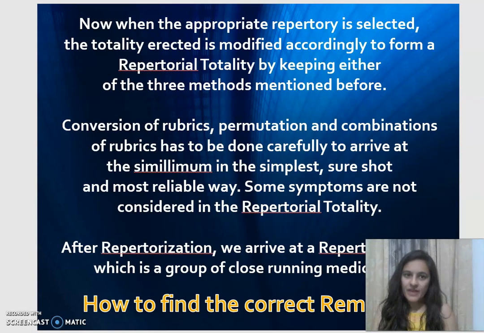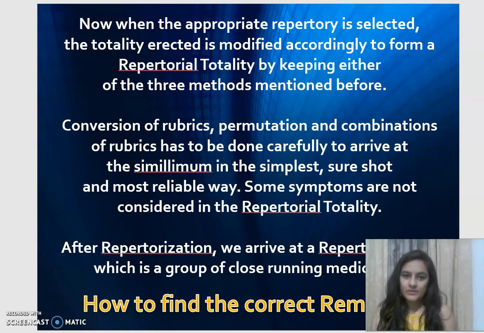Now, after we have chosen the appropriate repertory, the totality is erected and modified accordingly to form a repertorial totality by keeping either of the three mentioned methods. Conversion of rubrics, when we are converting symptoms into rubrics, and permutation and combination, which is when we are combining two or more symptoms to form one rubric.